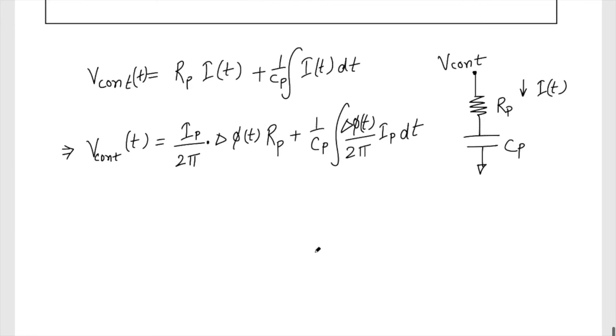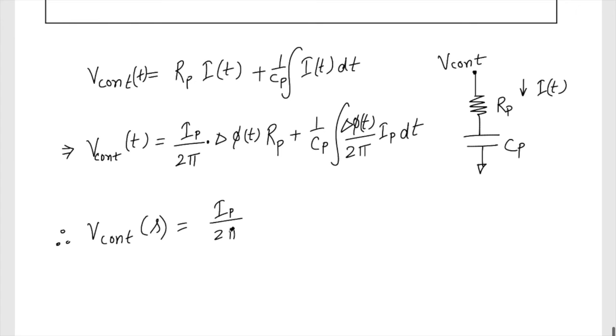Okay, and of course if we take the S domain like the one that we have done previously, the Laplace transform, the constant values come out. So the IP by 2 pi is going to come outside, and we can take it common.